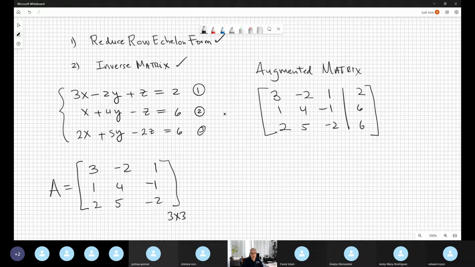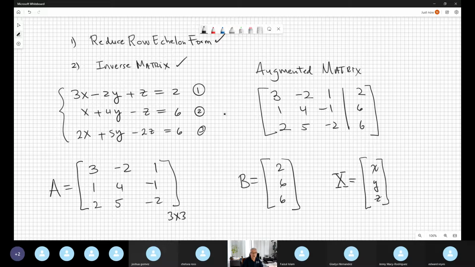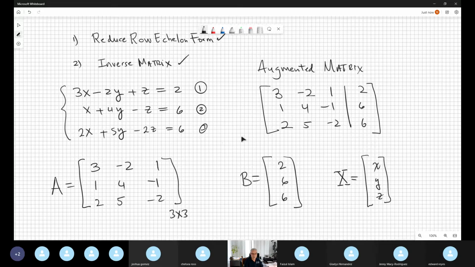Now I have another column vector, B, formed by the right hand side: 2, 6, 6. And I create artificially another column vector, capital X, formed by the variables x, y, z. So this x, y, z is the original variables we have in the problem. I call the combination of every variable capital X.